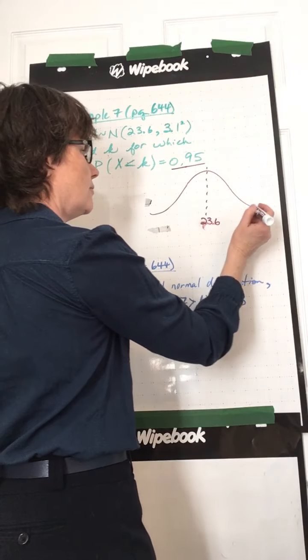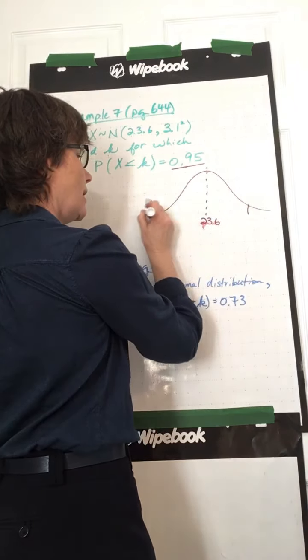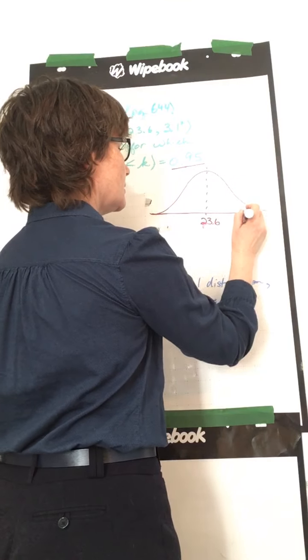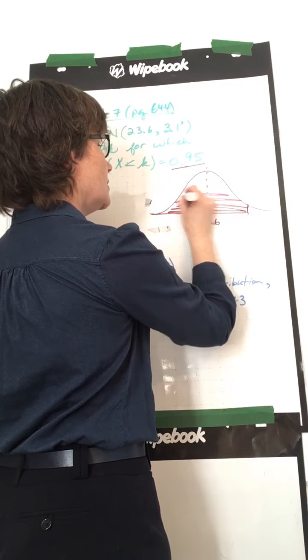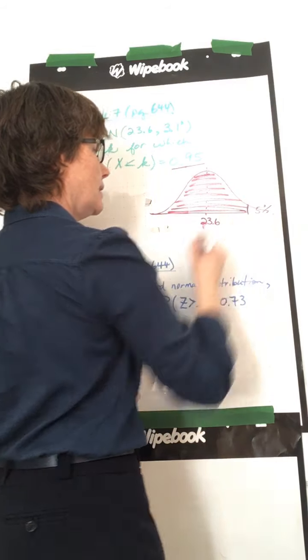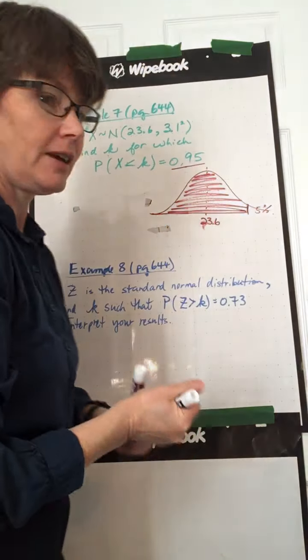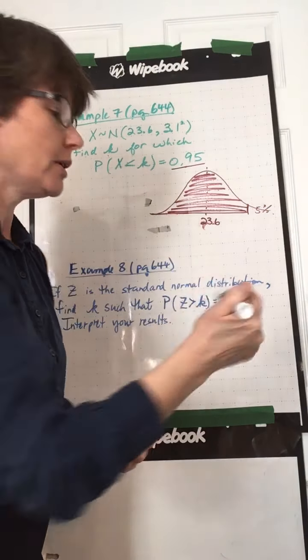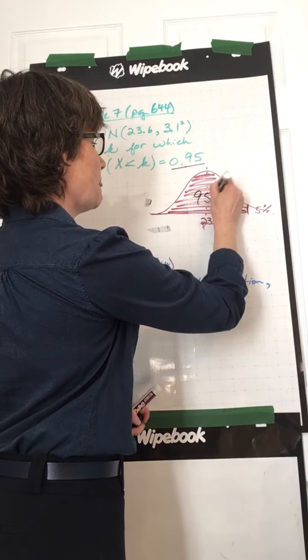We're basically looking for all of this area where we only have 5% left up here, and we have 95% in our area that we're looking for.